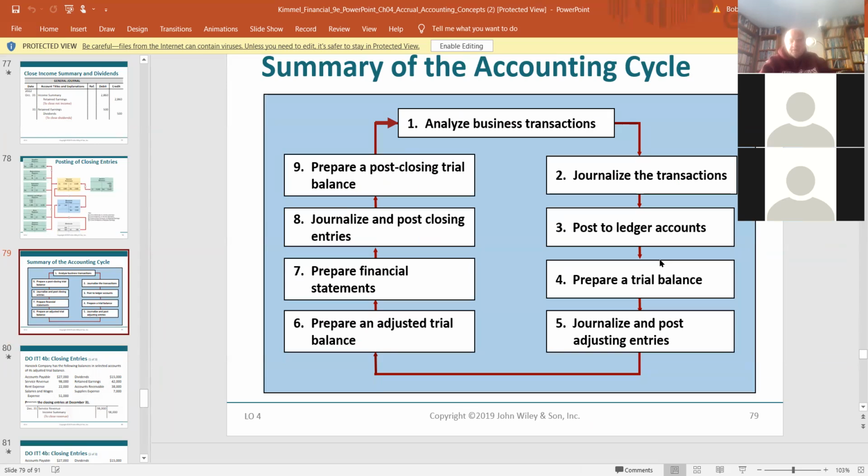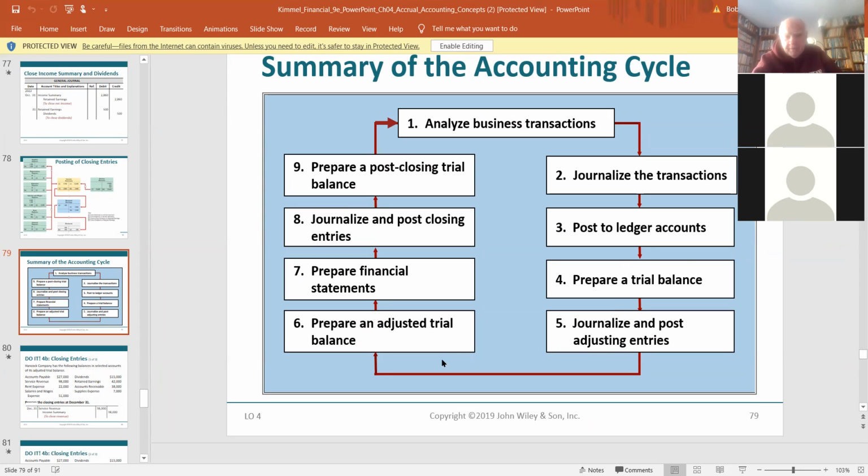Summary of the closing cycle, huh? Wow, you're getting sick of seeing this, huh? The accounting cycle. Analyze transactions, you journalize them. You learn how to do that. You learn how to post them to the general ledger, prepare a trial balance, journalize and post your adjusting entries. And that's where you came in, Wendy, as we were finishing up this part here.